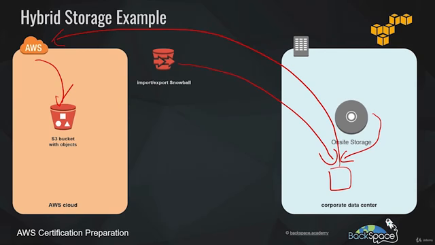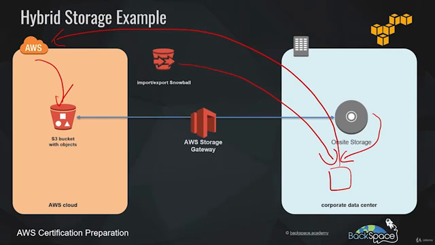So then we've got to find a solution for making sure that the data in our corporate data center is synced with our AWS cloud. Now that's where the AWS Storage Gateway comes in, and that will orchestrate all of that for us. And so if you have got a high-speed link between your corporate data center and the AWS cloud, which you can with the AWS Direct Connect service, you can have the AWS Storage Gateway orchestrate and manage that all for you.